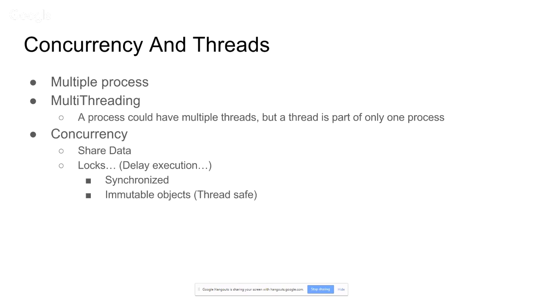So threads in concurrency stands for multiple processes, or something called multi-threading. It's good to know that a process could have multiple threads. A process has multiple instances of your program, but a thread belongs to only one process. And what's a process?